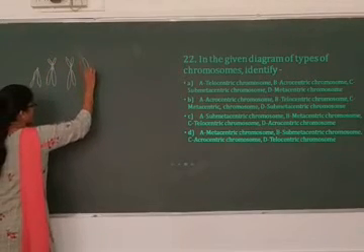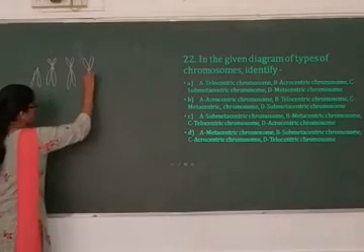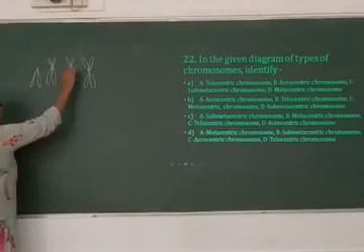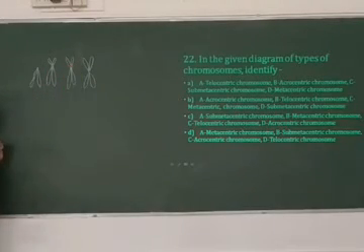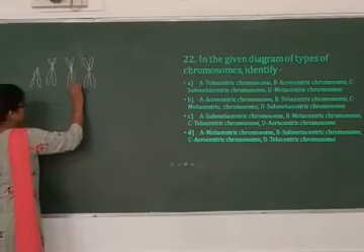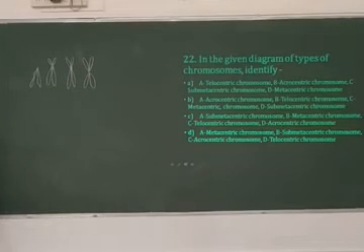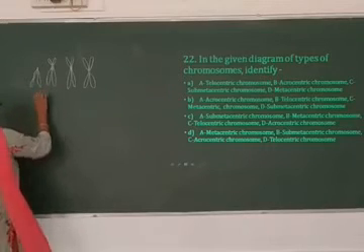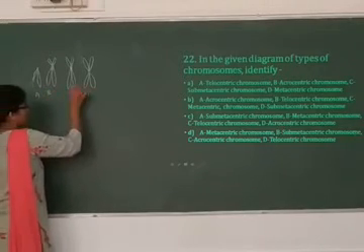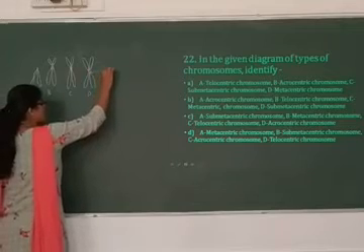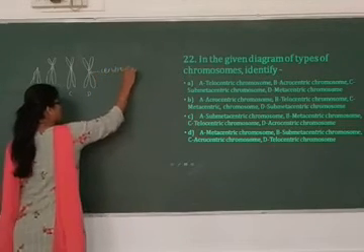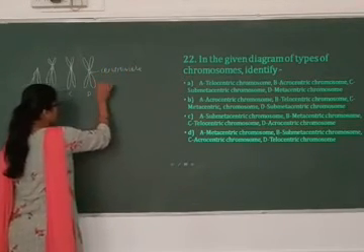And the fourth one is like this. These are the 4 diagrams given in your worksheet. You can refer to the worksheet. So this is diagram A, B, C, D. This region is centromere, and these are arms.